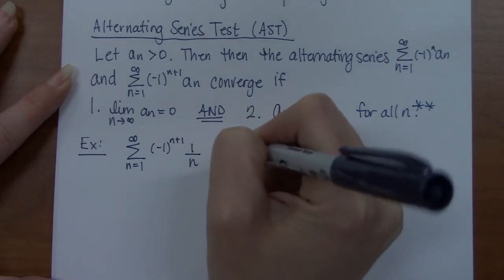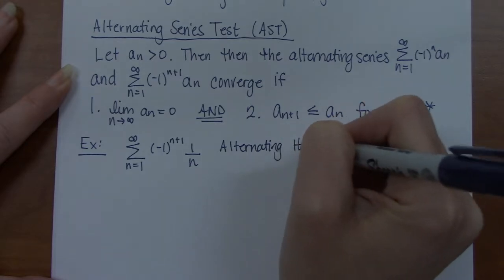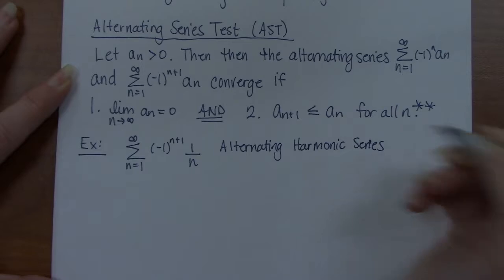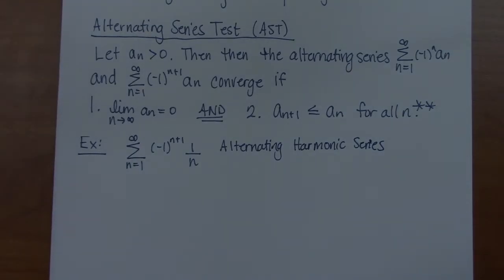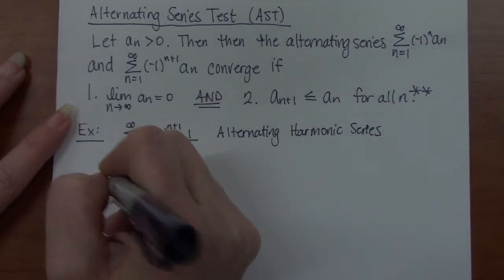So this is the alternating harmonic series. We know that the harmonic series 1 over n diverges. We've looked at that a couple of times. So for the alternating harmonic series, we can perform the test. The first thing you want to do is identify what a sub n is.